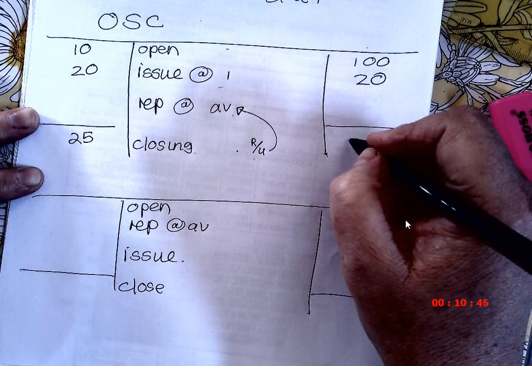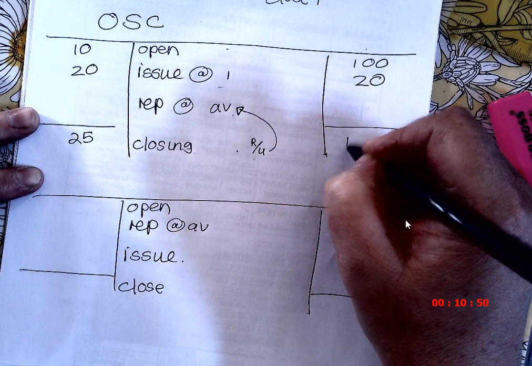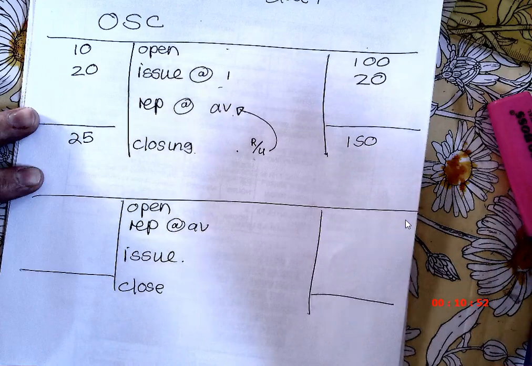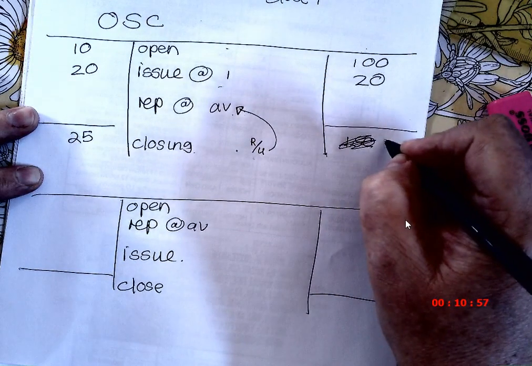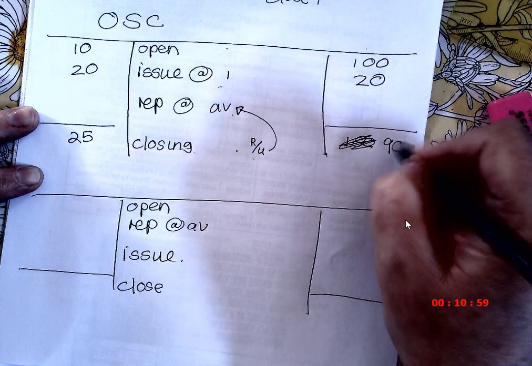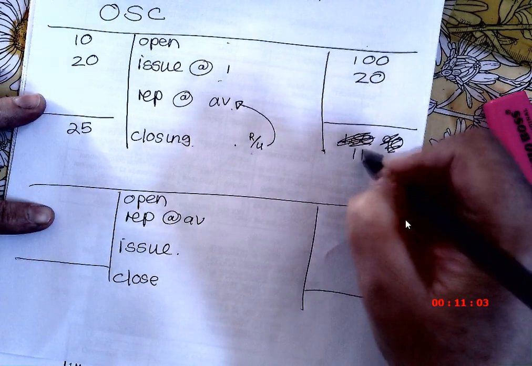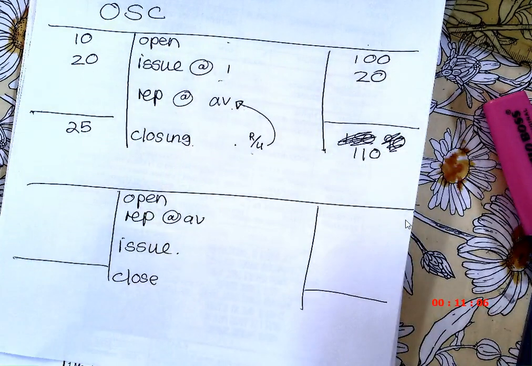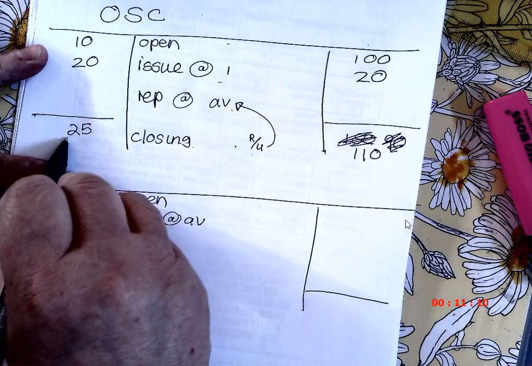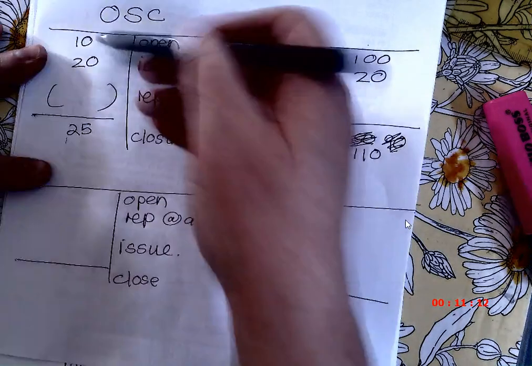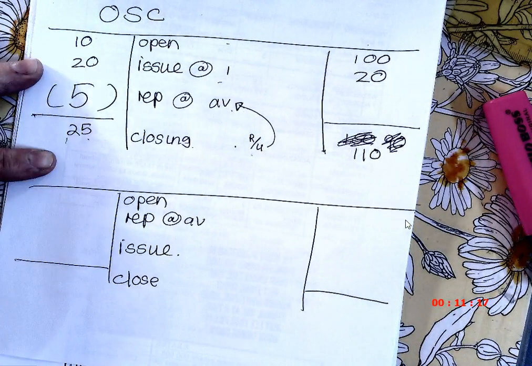Say 110. Okay. So now, if I look here, how many shares did I sell? I say 10 plus 20 less 25, 5 shares was sold.